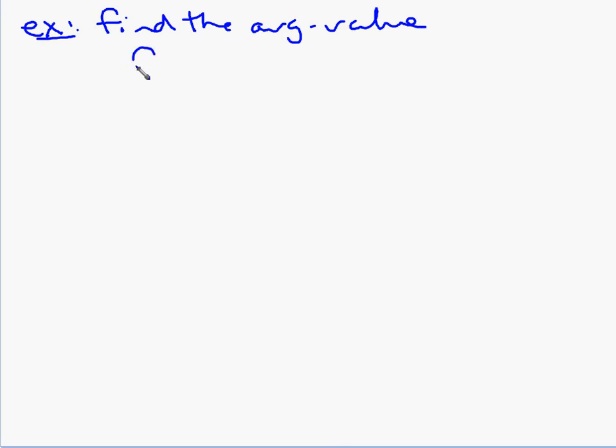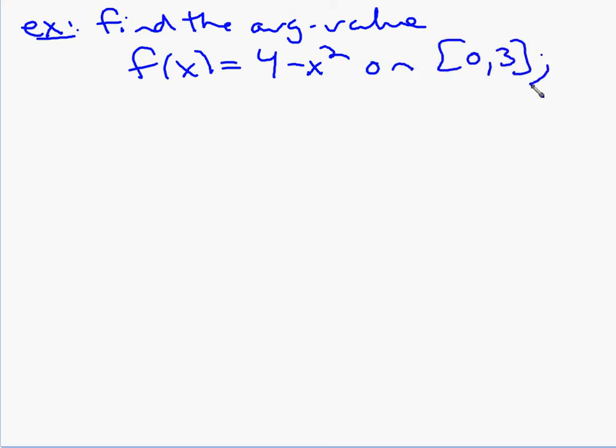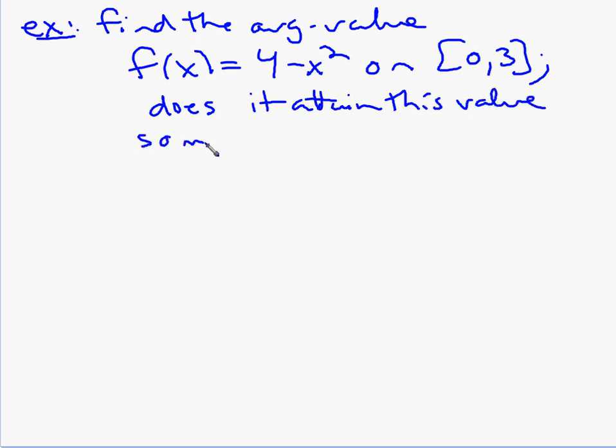Okay? So, if they ask you to find the average value of f of x equals 4 minus x squared on 0 to 3, and then they said, does it attain this value somewhere in the interval?